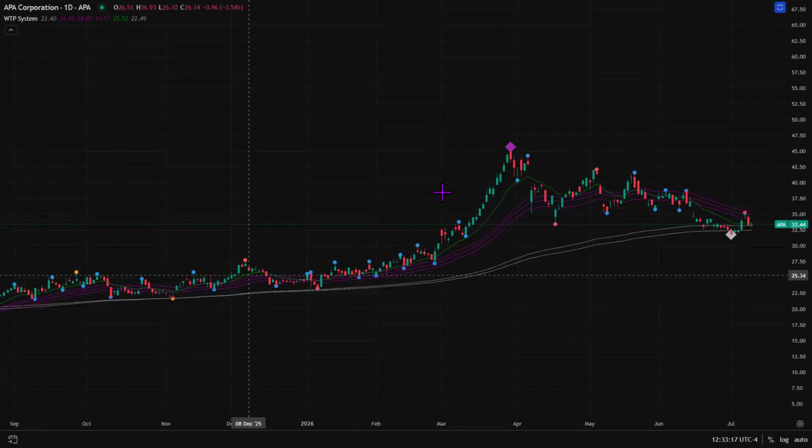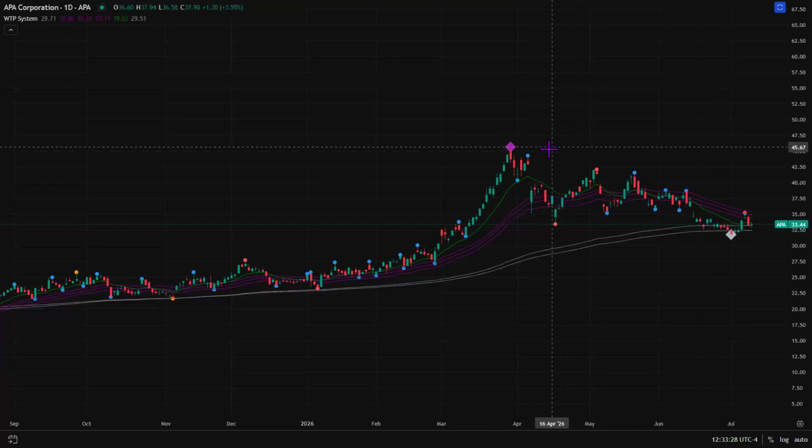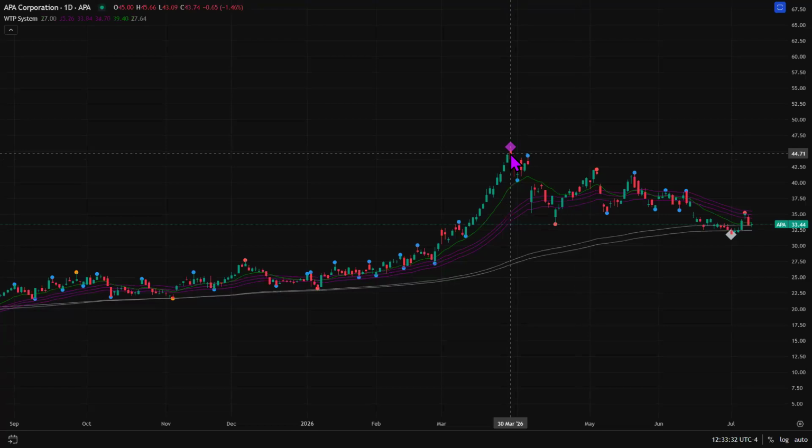Well, this is a beautiful, beautiful uptrend. And then this is a beautiful, beautiful correction. Very sideways in here, and then we came down here. So we moved down from a high of 45.66 to a low of 31.77.